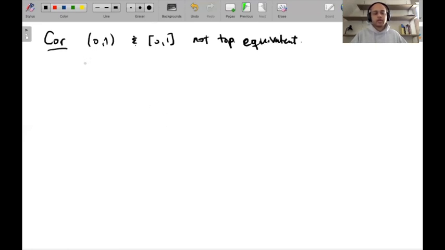Because this one is not closed, although it is bounded, while this one is closed and bounded.